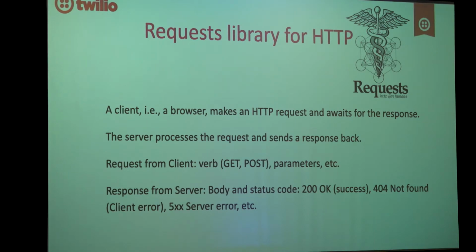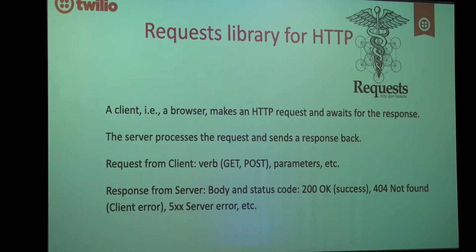You have a client and a server. The client makes a request to the server. The server listens to the client's request and responds. And we are going to use the Python requests library for this. The client can send get, post, other verbs too. In our case, we're going to use get and post. And the response includes a body and a status code.